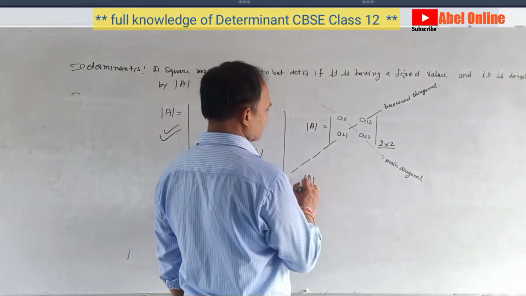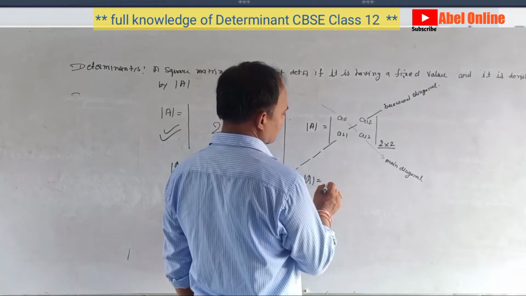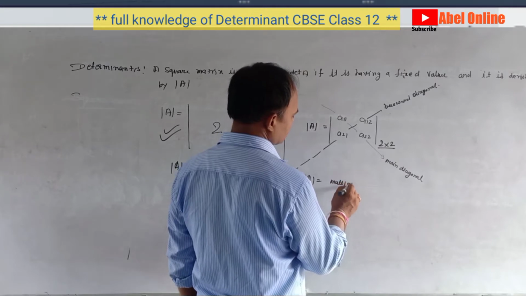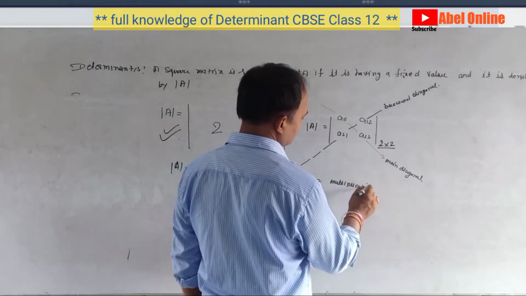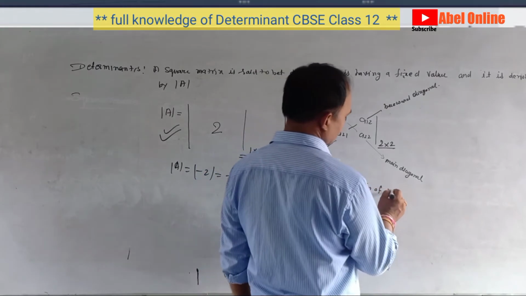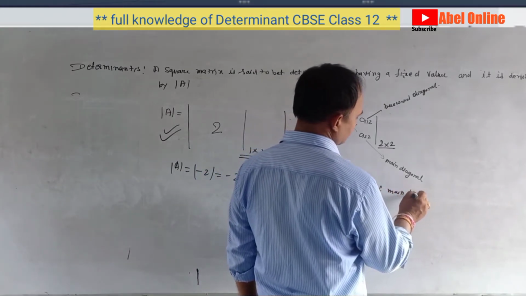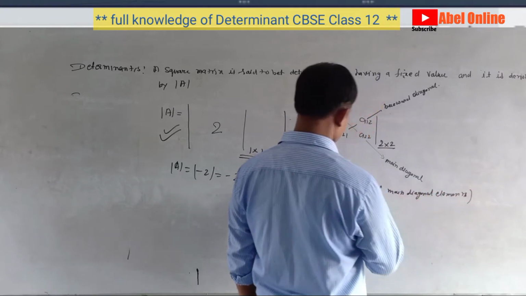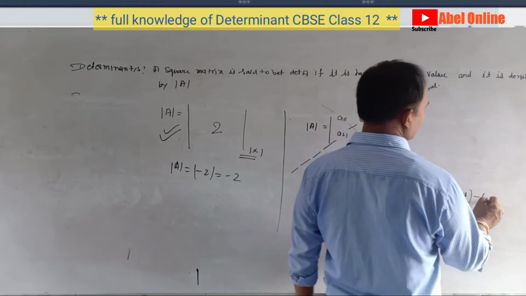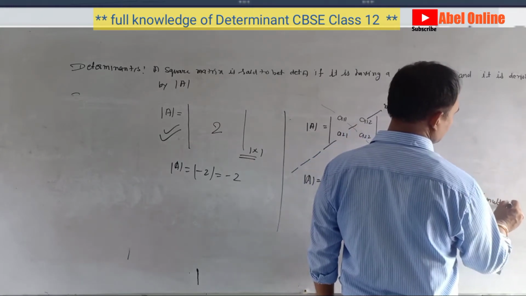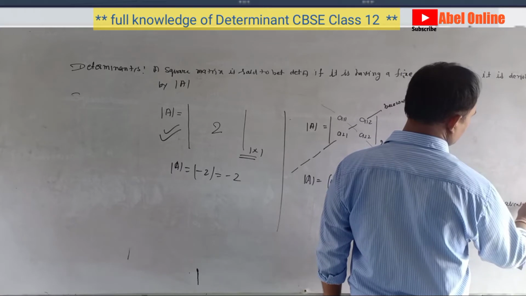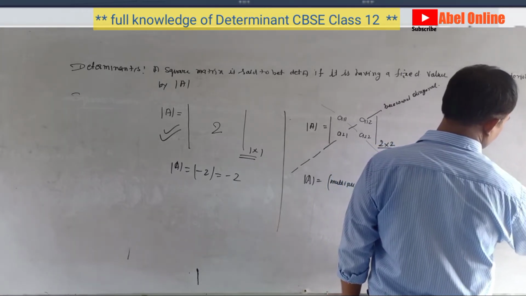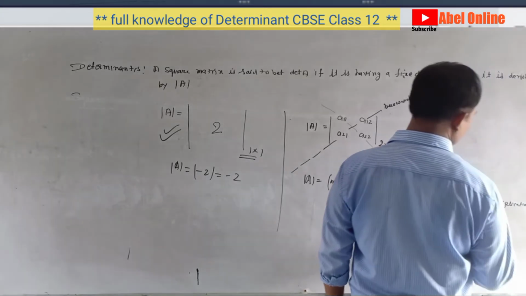Determinant of A is equal to multiplication of main diagonal elements minus multiplication of backward diagonal elements.